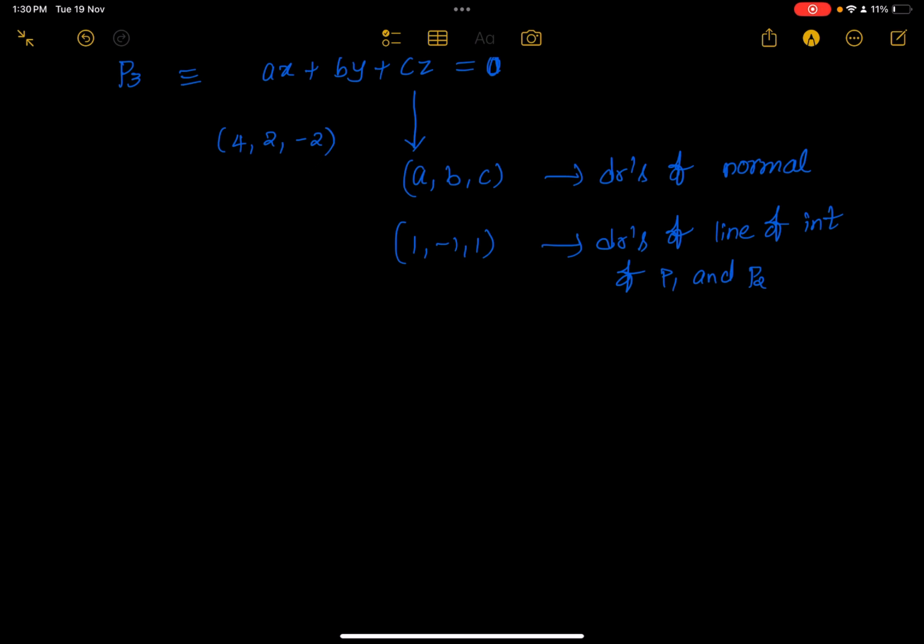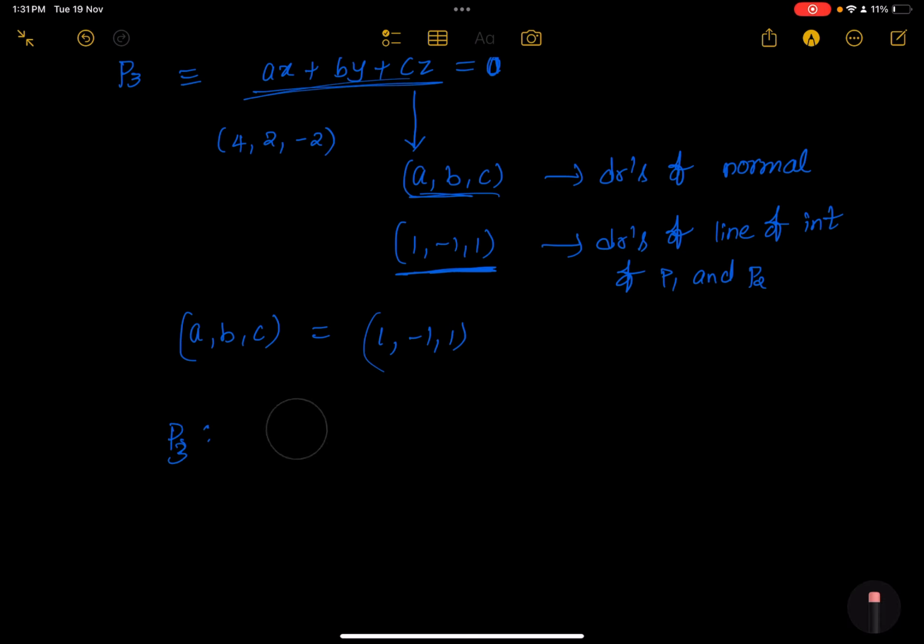Now this plane is perpendicular to this line, so the normal is parallel to this line. So a, b, c will be 1, minus 1 and 1. So plane P3 will be x minus y plus z is equal to d.